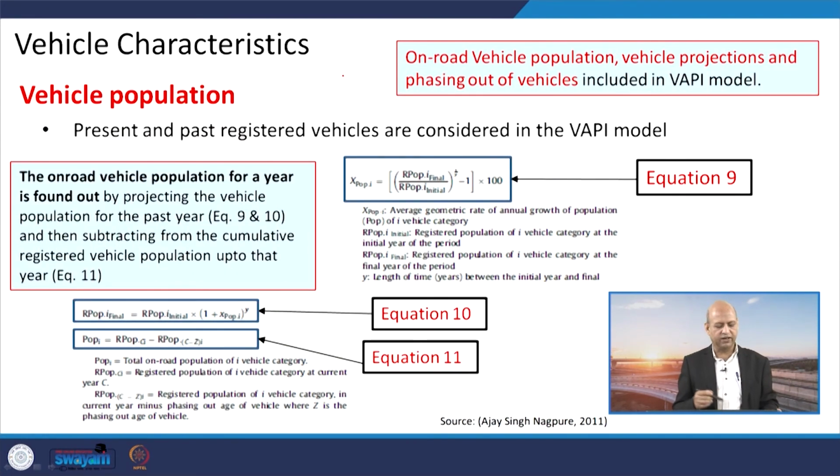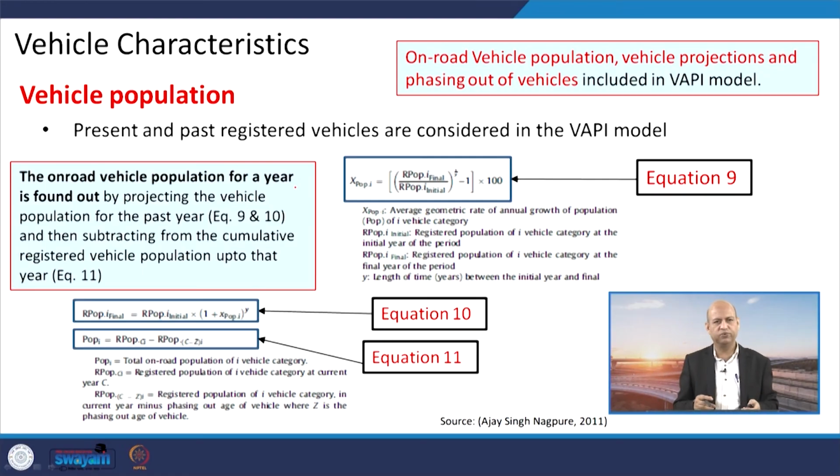When we consider the characteristics of the vehicles, there are different relationships which have been used in this VAPI model. You can see the on-road vehicle population for a year, and then the past year, so we can deduct how many vehicles are discarded because of age.